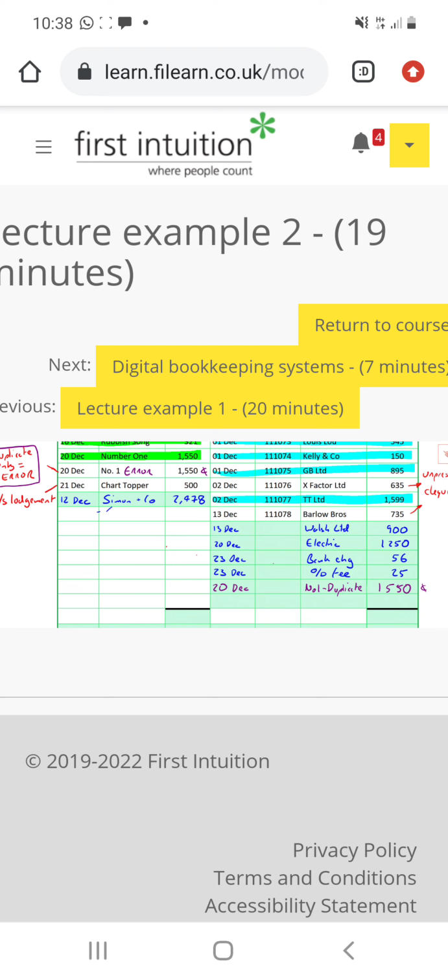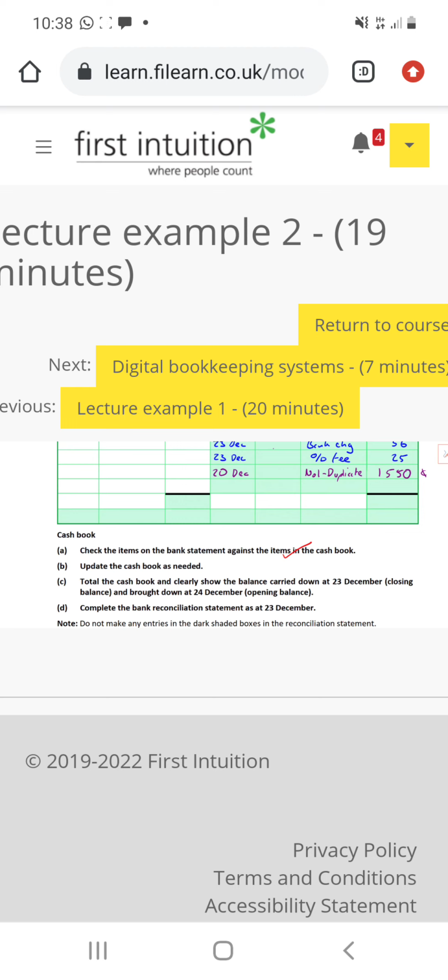Well, the net of 1,550 going in and 1,550 going out is 0. In other words, nothing's happened. We've put it in by mistake, so we're just going to take it out again. So we've corrected that duplicate amount. It's just something we hadn't seen before, but what that means is that we have now updated our cash book as needed. We've corrected those entries.